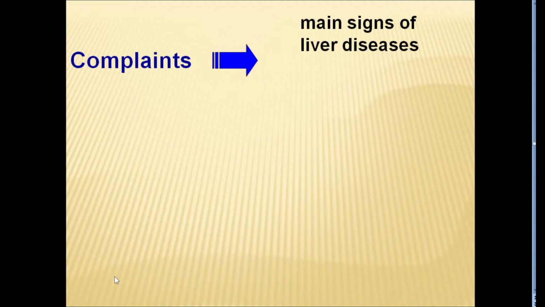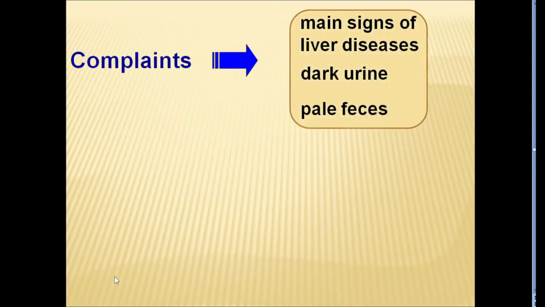There are discomfort in the right hypochondrium, problems with the digestive system, jaundice, and any other problems. If the patient is attentive to himself, he can see that his urine becomes dark and foamy, like beer, and feces becomes pale.